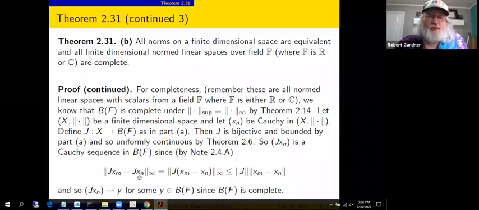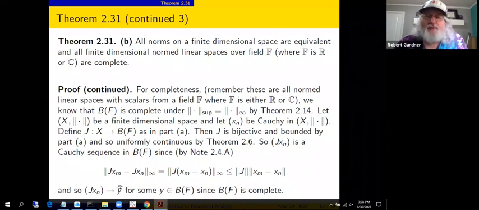So Cauchy sequences converge in B of F. This is a Cauchy sequence in B of F, so it converges to something. Call this something Y. So there's some Y in B of F such that this Cauchy sequence converges to Y.